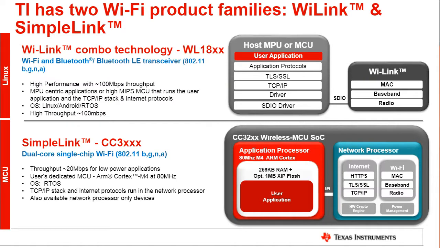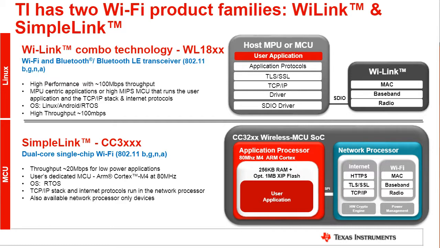TI has two Wi-Fi product families, the WiLink product family, which includes Wi-Fi transceivers, as well as Wi-Fi and Bluetooth combo devices. And then we also have the SimpleLink product family, which includes the more integrated Wi-Fi network processors and Wi-Fi MCUs, or SoCs, that integrate the network processor with an application processor.